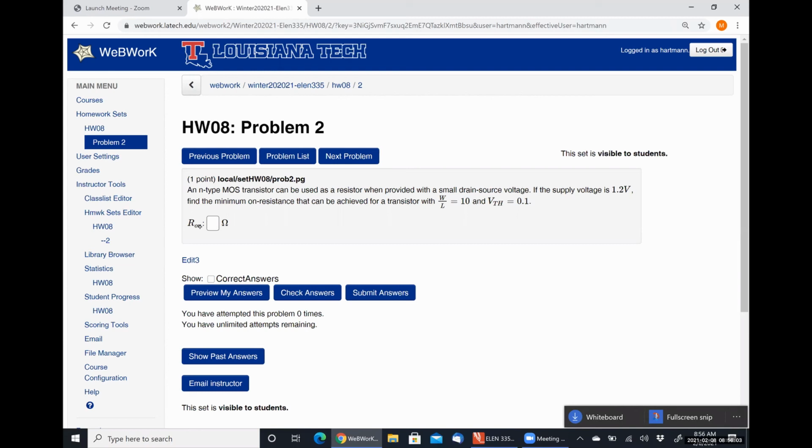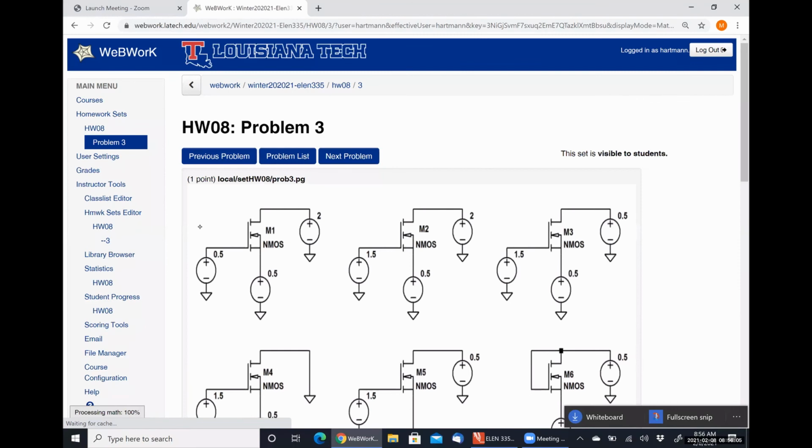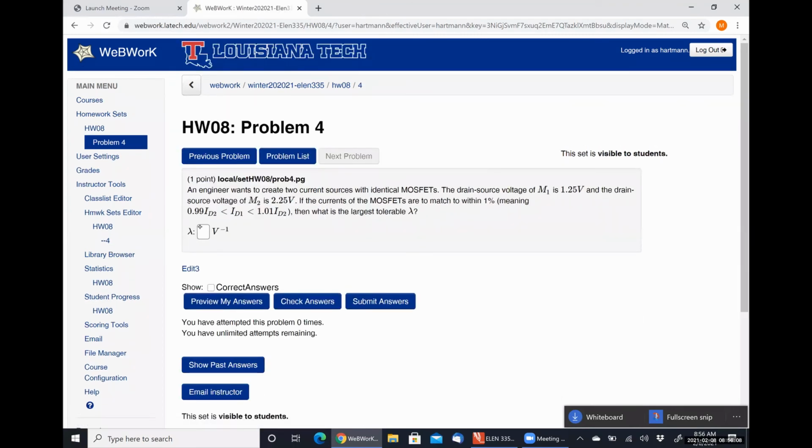Problem 4, let's jump over to that real quick. It says an engineer wants to create two current sources with identical MOSFETs. The drain source voltage of M1 is 1.25 volts, and the drain source voltage of M2 is 2.25 volts. If the currents of the MOSFETs are to match to within 1%, meaning 0.99 ID2 is less than ID1 is less than 1.01 ID2, then what is the largest tolerable value for lambda?